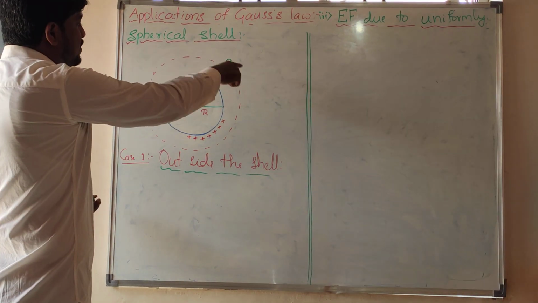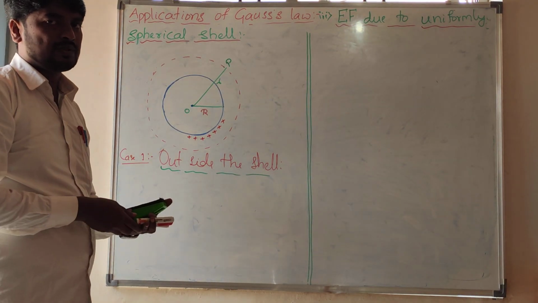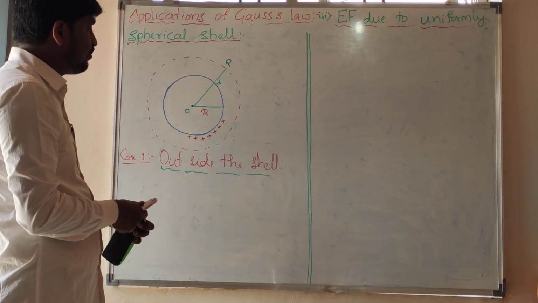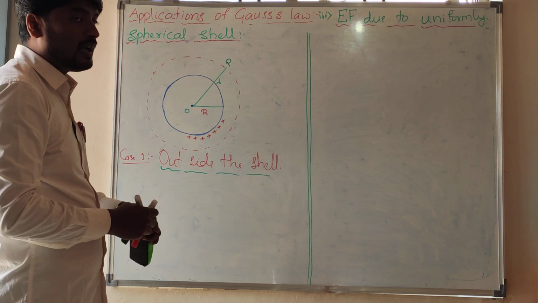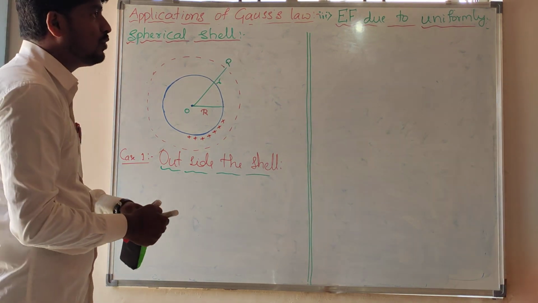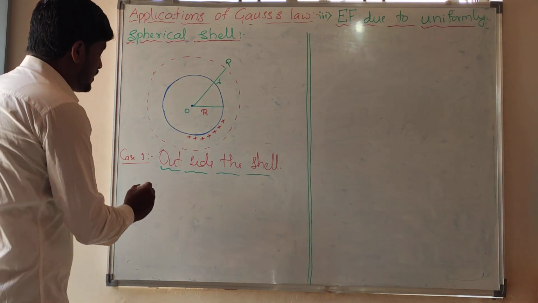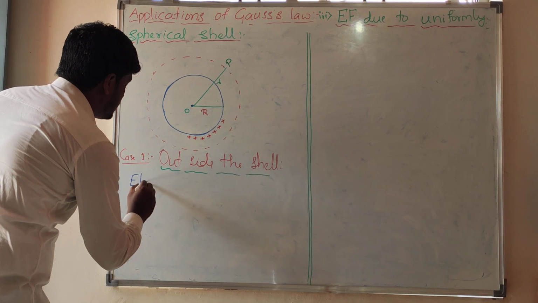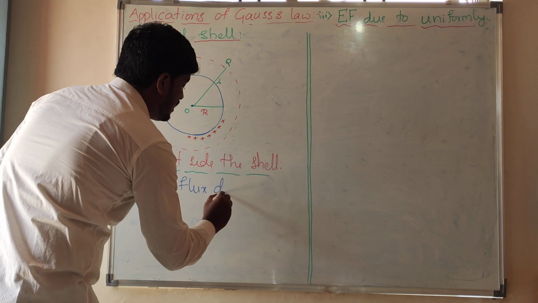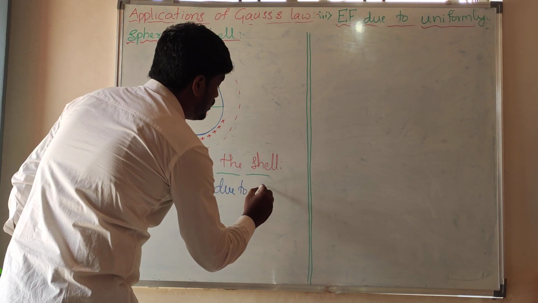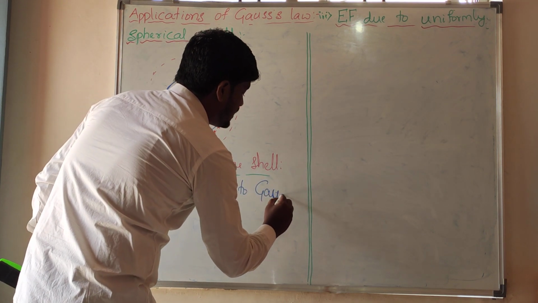We consider the sphere as the Gaussian surface in our case. Once we consider the sphere as a Gaussian surface, I have to write the electric flux equation due to the Gaussian surface.